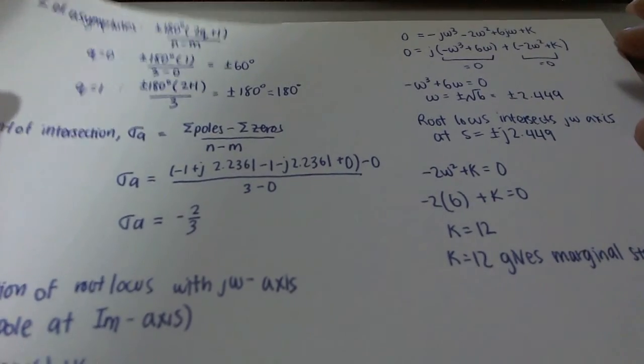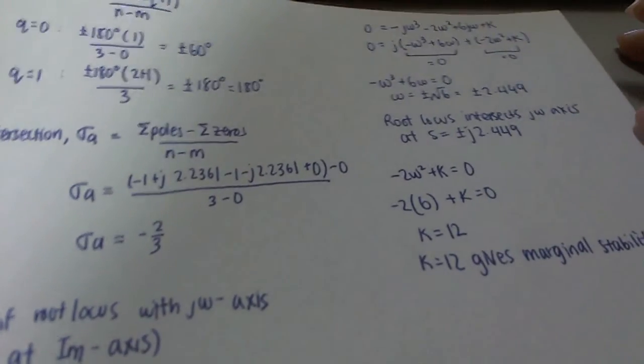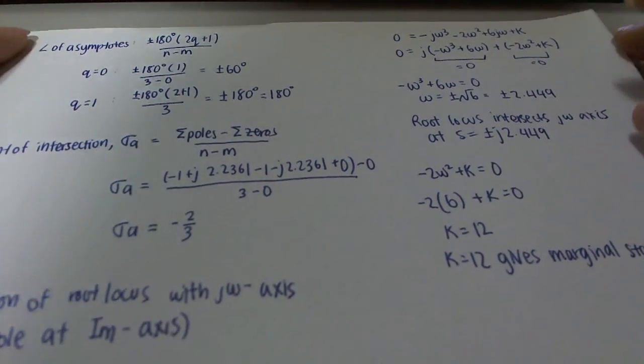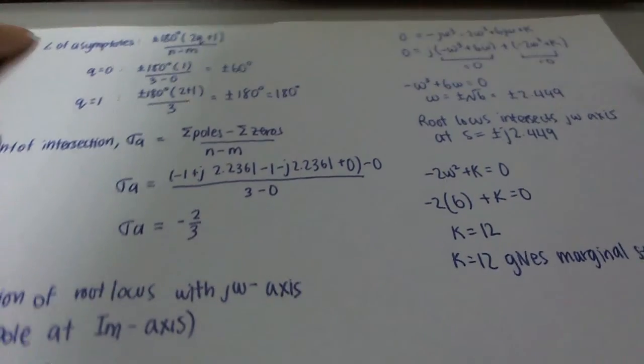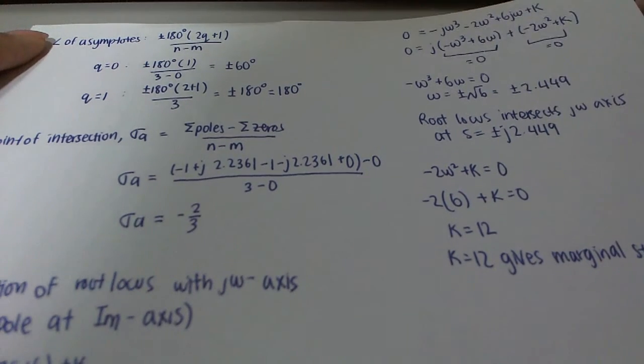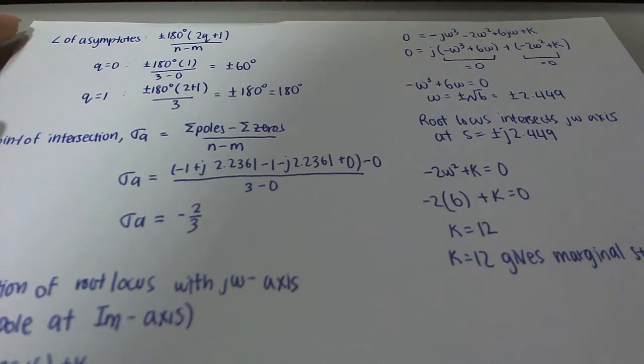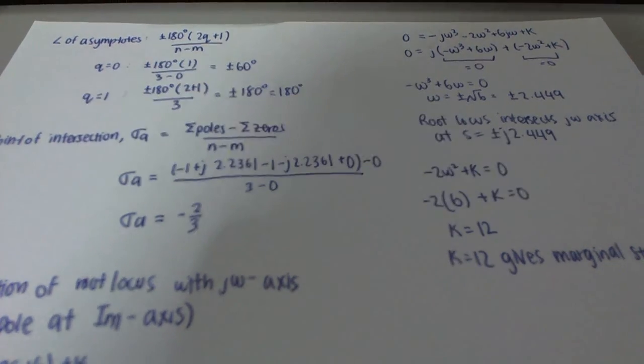And some of you might have noticed that I actually skipped a part, which is the breakout points. The reason why we don't need to calculate breakout points for this particular problem is that we have three poles and one of the poles is located at 0.